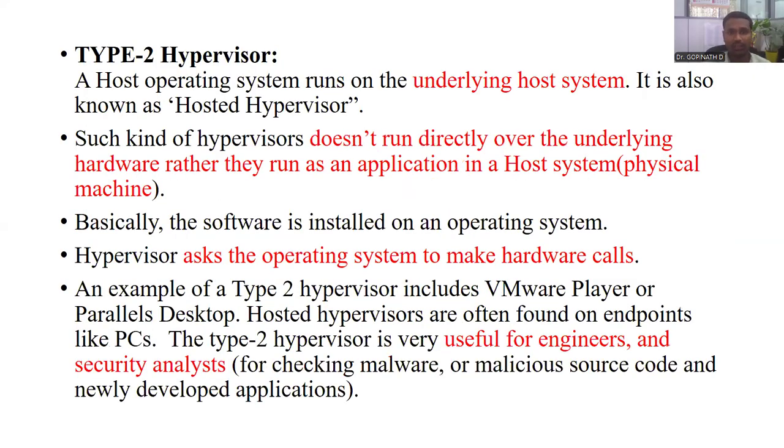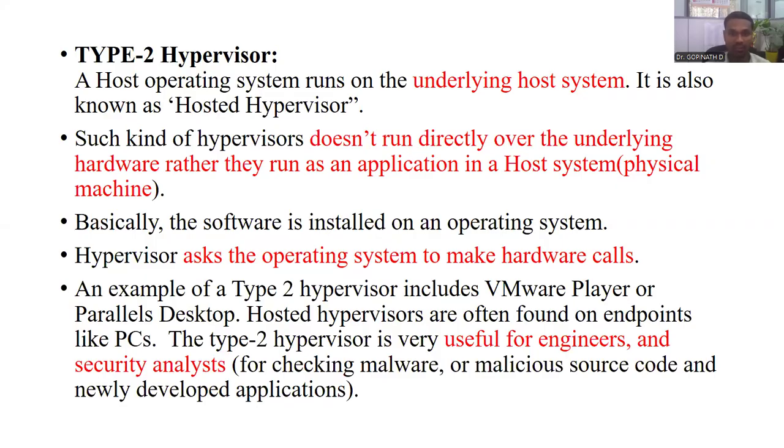Type 2 hypervisor has an underlying host system. A separate system is maintained to manage everything. This is also known as a hosted hypervisor. There is no direct connection to the hardware. So type 1 hypervisor has a direct connection with the hardware, but type 2 hypervisor has no direct communication with the hardware. In between, one person is sitting, and that person will manage everything.